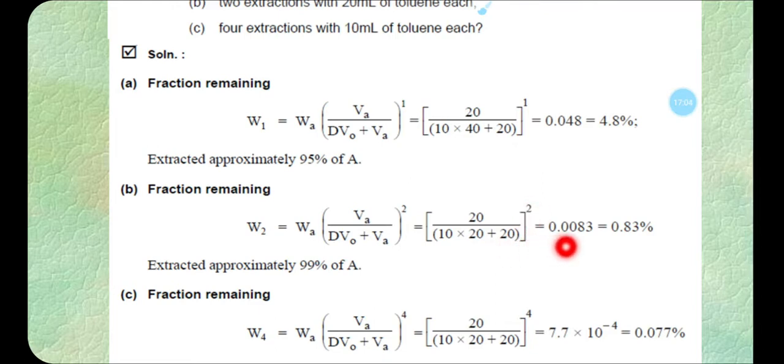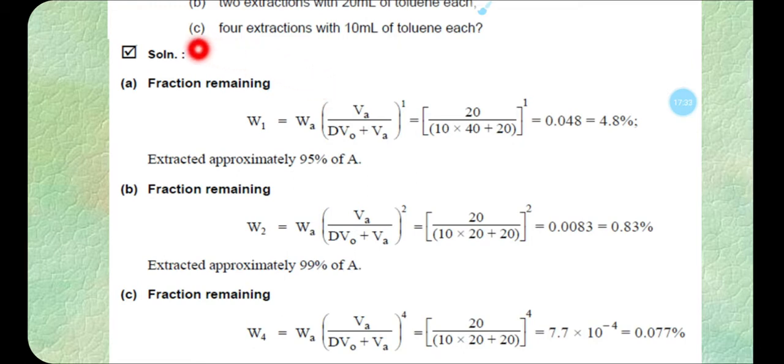So we get 0.0083 fraction remaining, that is 0.83% of solute remaining unextracted. That means more than 99% of solute can be extracted if you make 2 operations with organic layer.